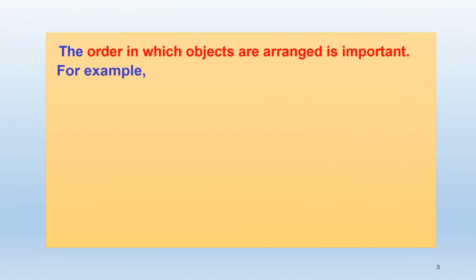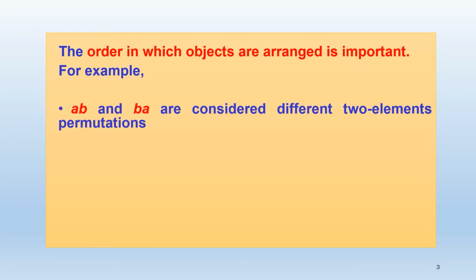The order in which objects are arranged is important. In permutation, the order is important. For example, AB and BA are considered different two-element permutation. Even though AB and BA consist of two same element, the arrangement is different.